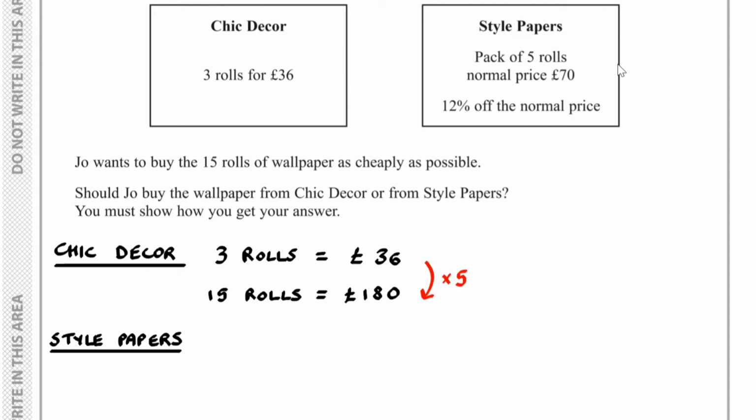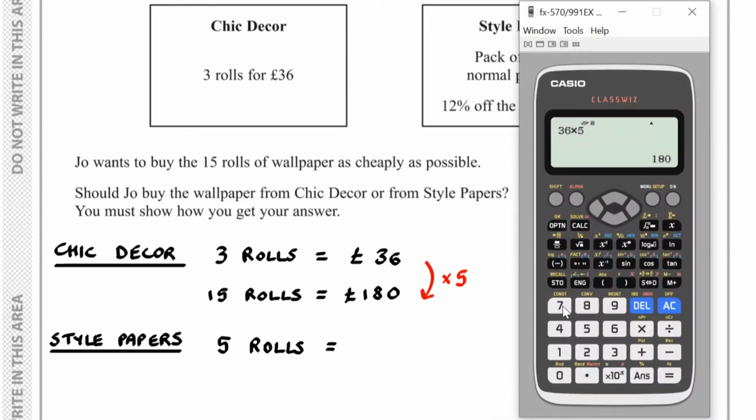So that means that the cost here for 5 rolls, well, if the normal price is £70 and we get 12% off, we multiply 70 by 0.88. So that will be £61.60.